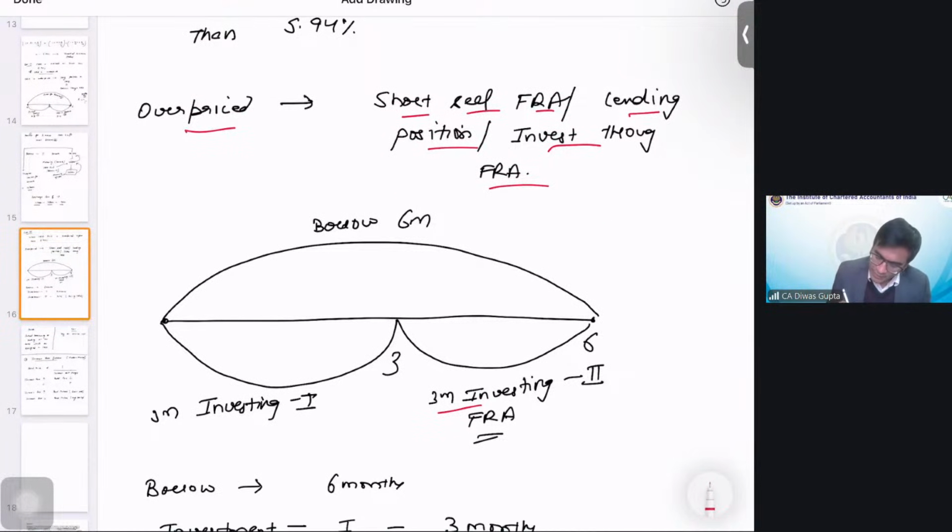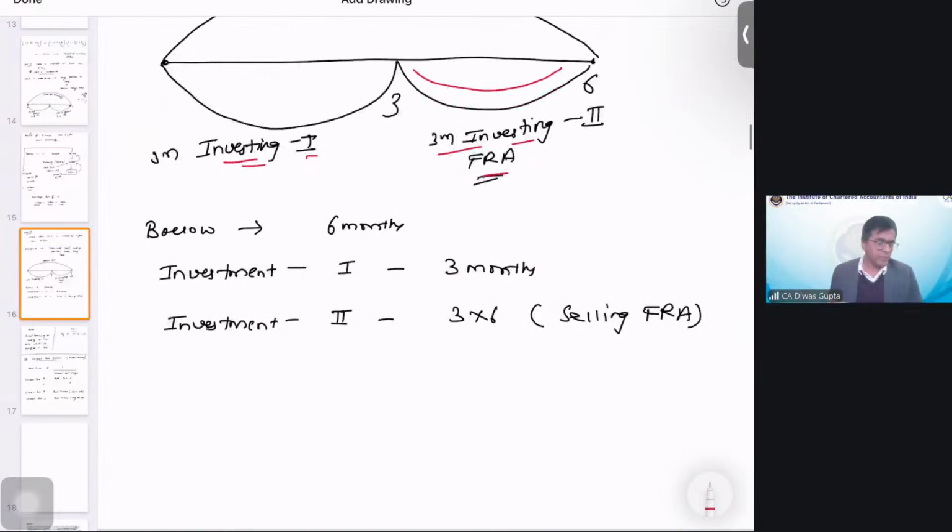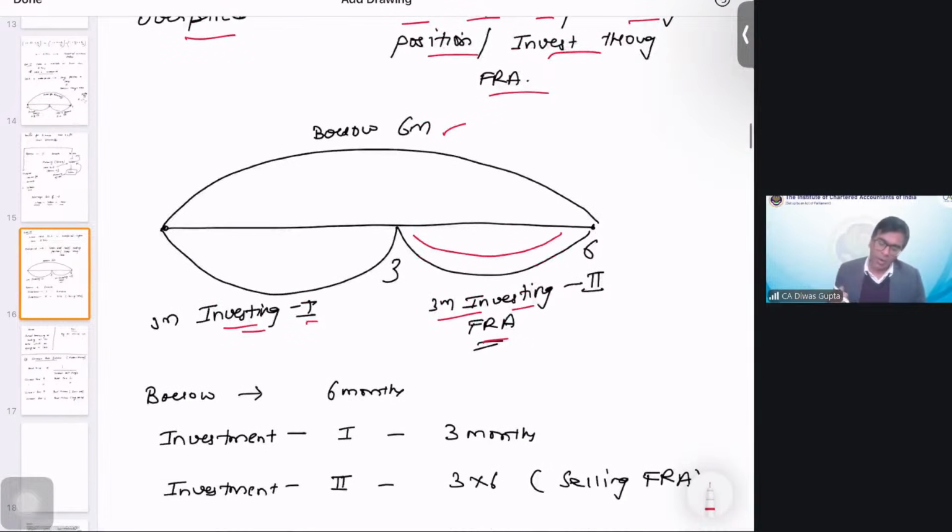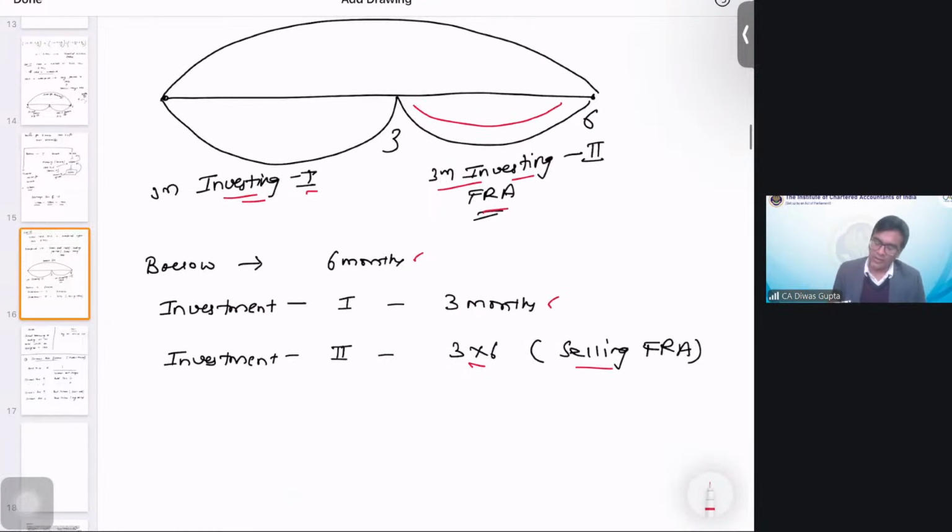That means here, this 3 by 6, we are investing through FRA. Then 0 to third month also we will invest, and 0 to 6 months we will borrow. Borrow for 6 months, investment will happen for 3 months, and another investment will happen through selling the FRA of 3 by 6. Clear?